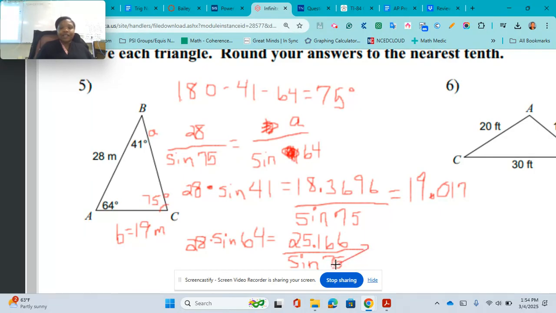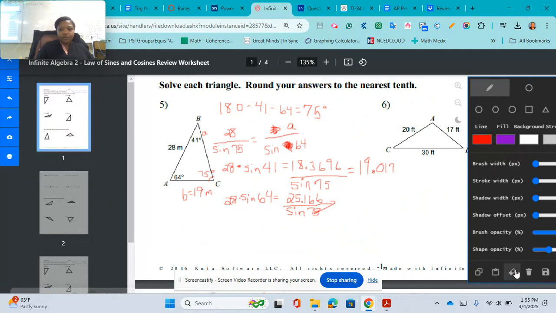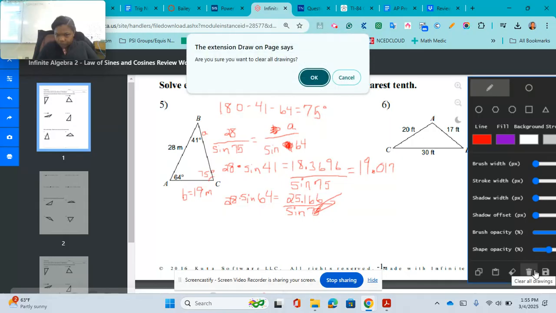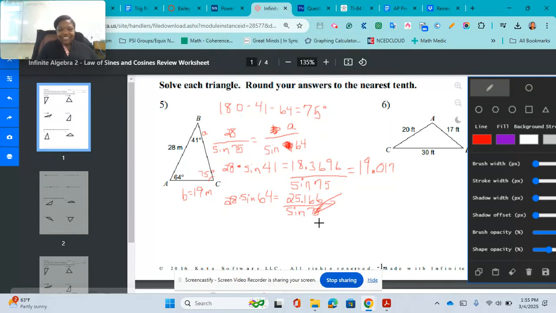And that's going to give us, that bottom one says the sine of 75 right here. That's 75. I apologize. I'm still learning how to use the eraser.